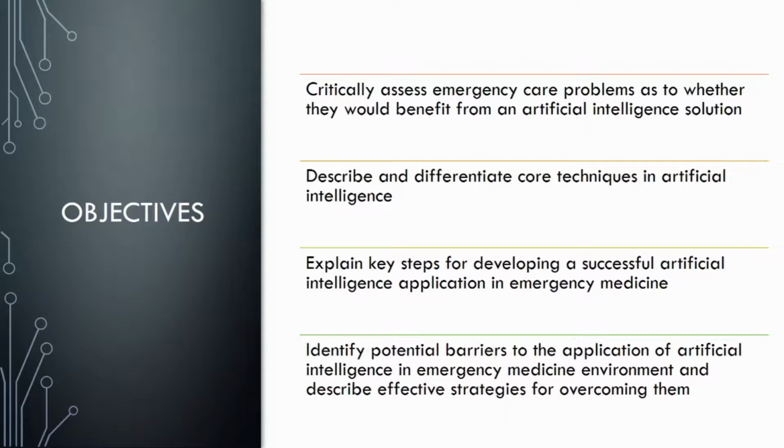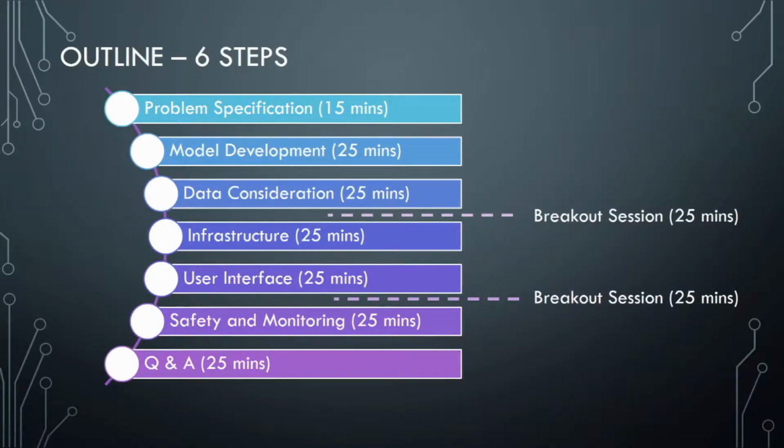And then last, we'll talk about barriers, and the barriers will be throughout all of the lectures, to understand why you're not seeing a ton of artificial intelligence yet within emergency care and in medicine in general.